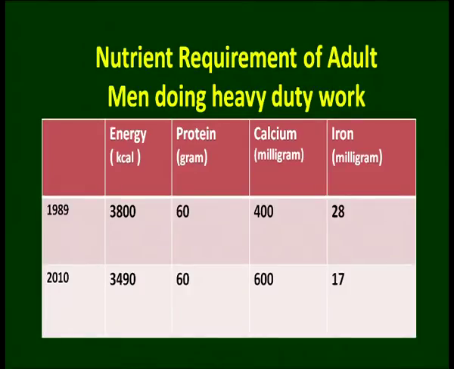When we talk about much heavier work, that may be building construction, rickshaw pulling, or work in the agriculture field, that person requires much higher energy, that is 3490, or on an average 3500 calories per day. Protein, calcium and iron requirements are the same, but the energy is required at a much higher level.